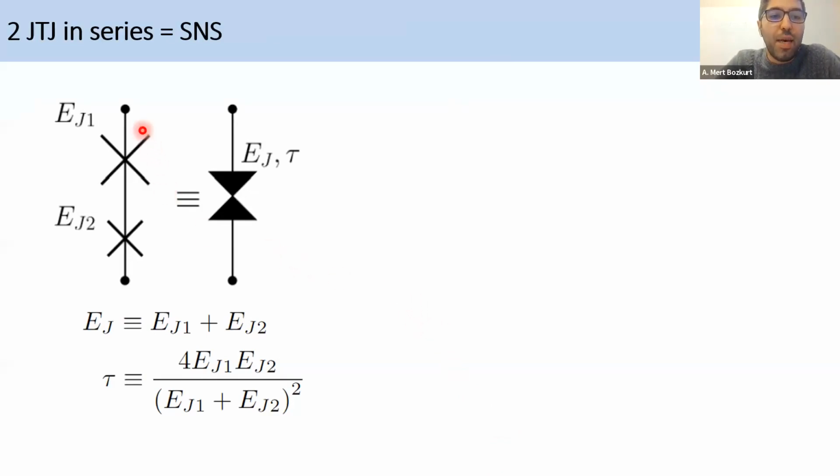What we do is we take two tunnel junctions and connect them in series. These are well in the classical limit, so there is no charging energy. If you solve using Kirchhoff's law, basically applying current conservation, you'll see that the overall energy phase relationship of two tunnel junctions in series is identical to the energy phase relationship of an Andreev junction or an SNS junction, with the overall energy scale being the sum of the two Josephson energies of the tunnel junctions, and the transparency given by this relation.